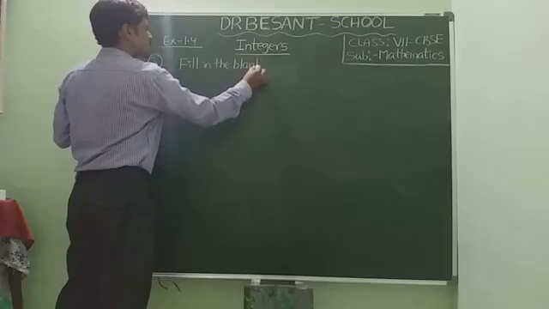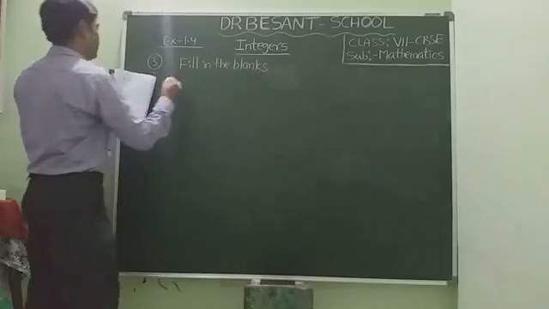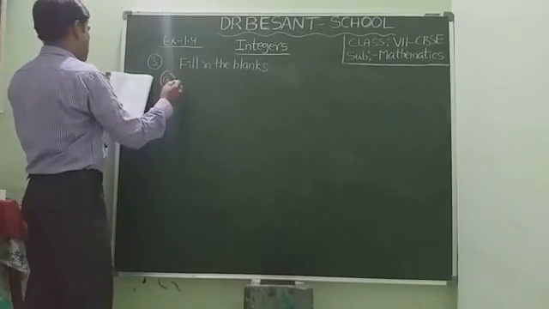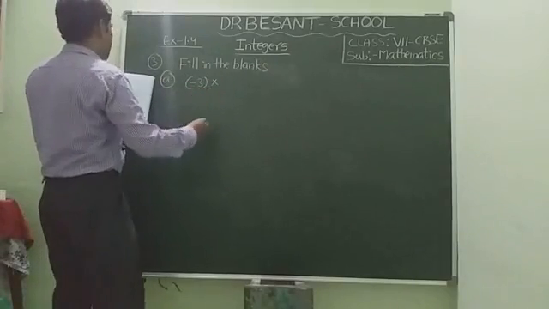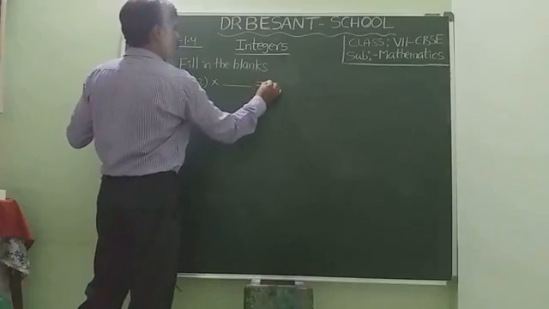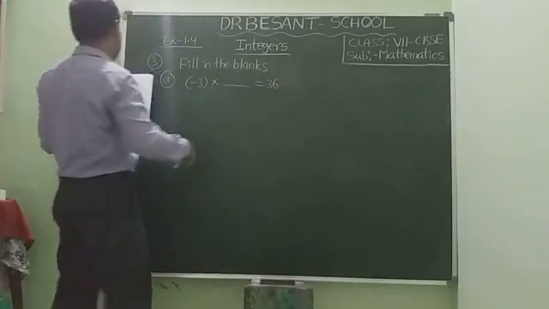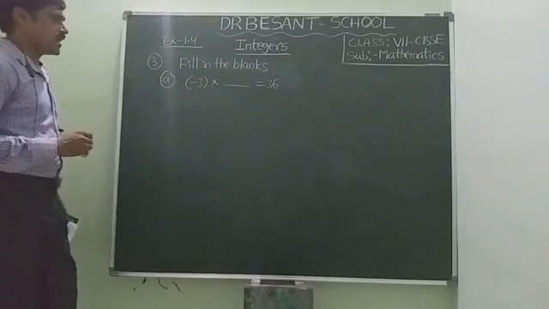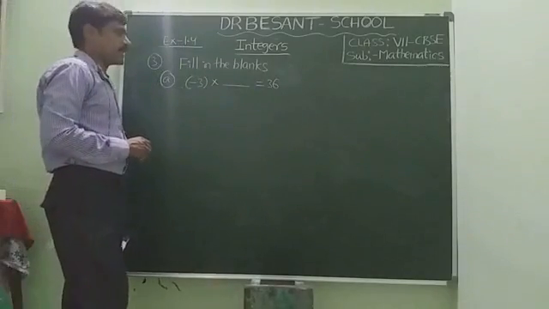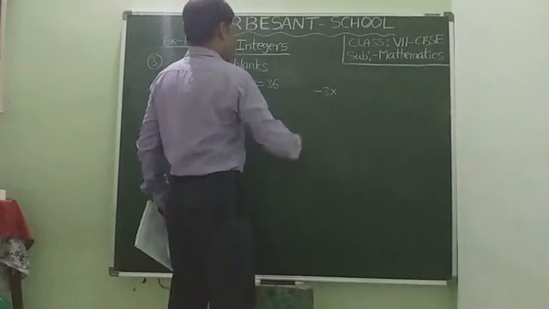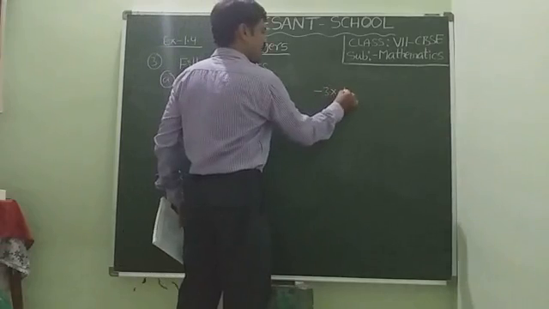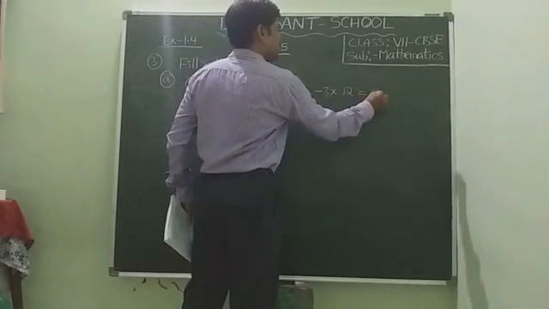The first one, A: minus 3 into dash is equal to 36. We know that minus 3 into dash is equal to 36. Minus 3 into, 3 twelves are 36, we know.